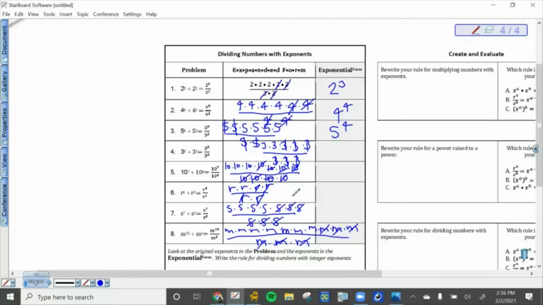It's a different one. This is dividing now. We haven't talked about this yet. But I want to see if you can see the pattern. How we go from here to here. What do we need to do between the exponents? There you go. Yeah. So what do we need to do to go from the problem side to the exponential form?